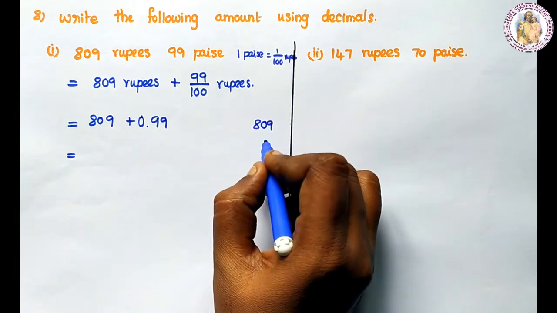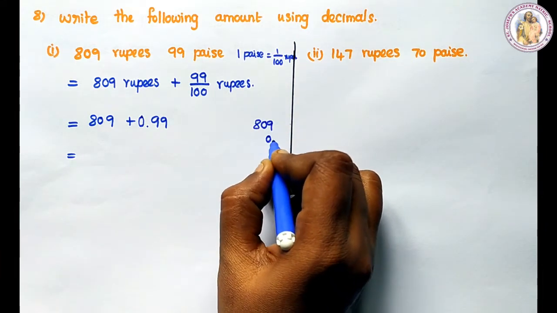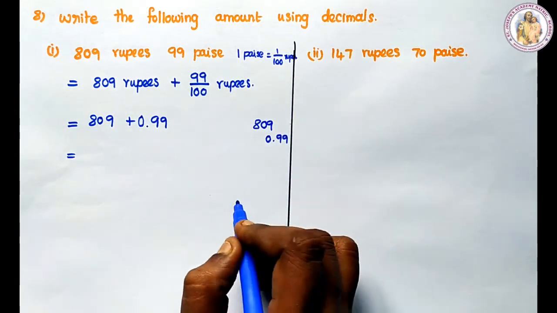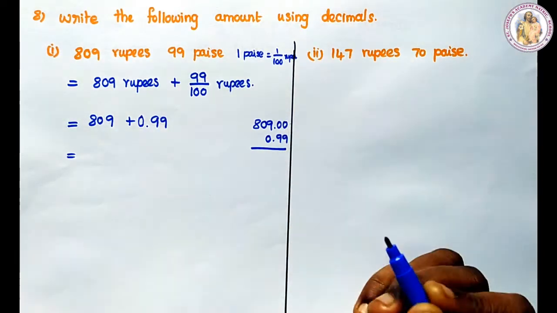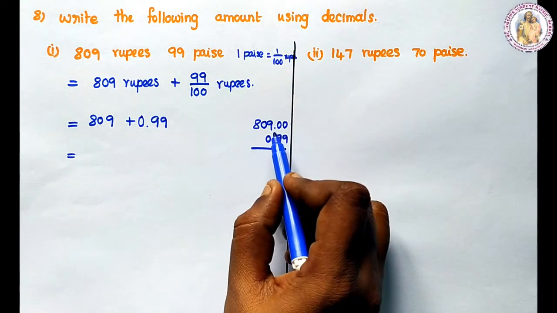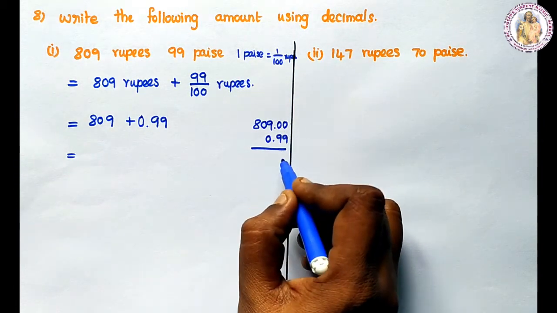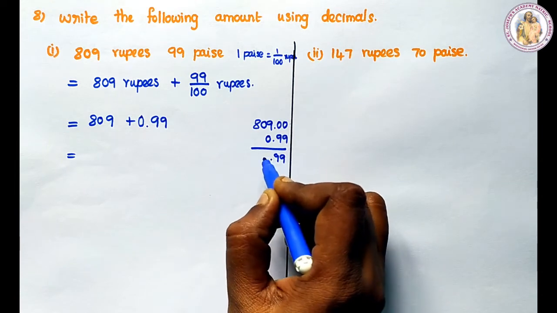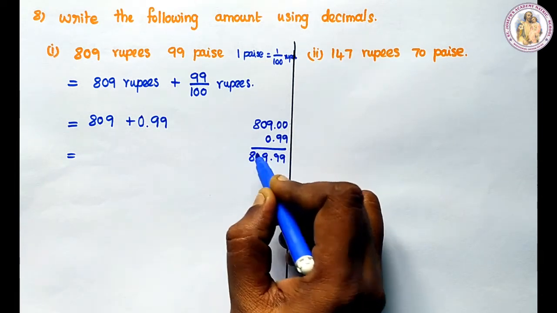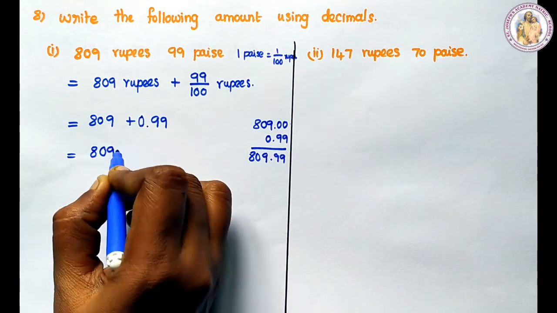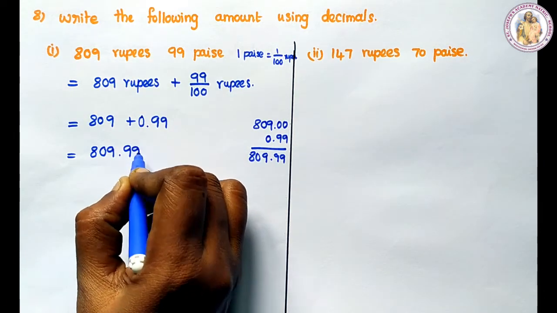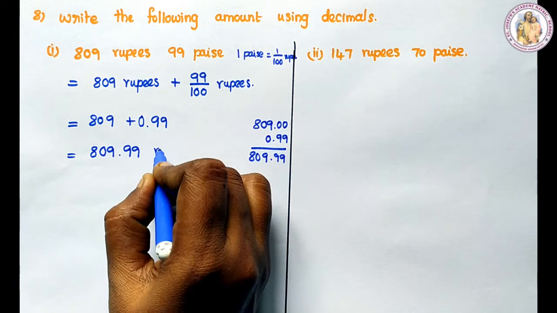809 plus 0.99. Here nothing is there means put the 0 after the point. So add this number, we get 809.99 rupees.